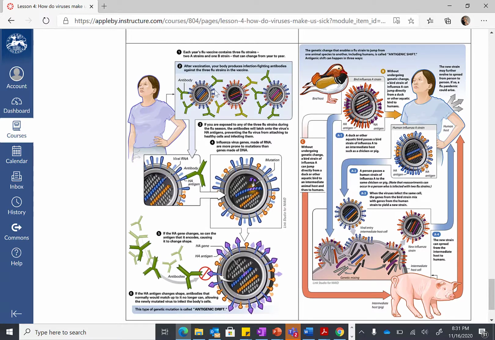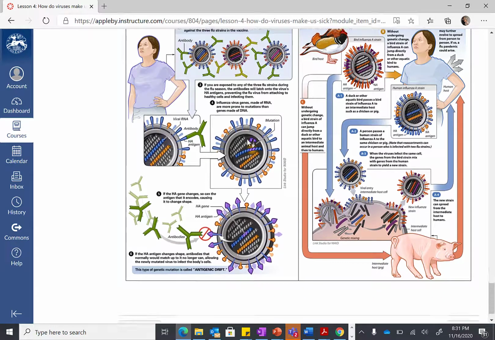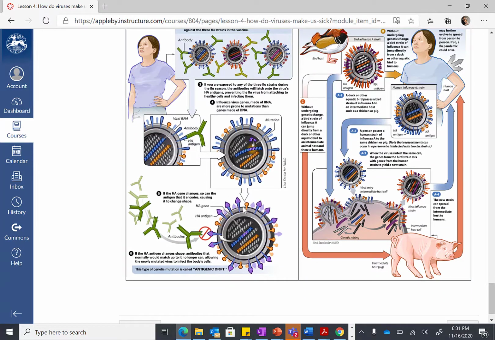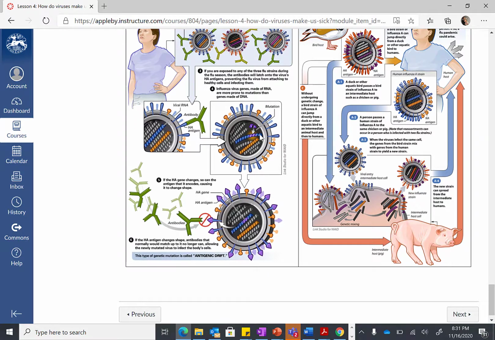So in the case of these viruses here, it's showing that the proteins or the antigens on the surface of this virus, I guess it's an envelope virus, are changing over time. And so the antibodies that your body had before that were used to recognize this virus and fight it off, when those mutate, your immune system is no longer able to recognize it.